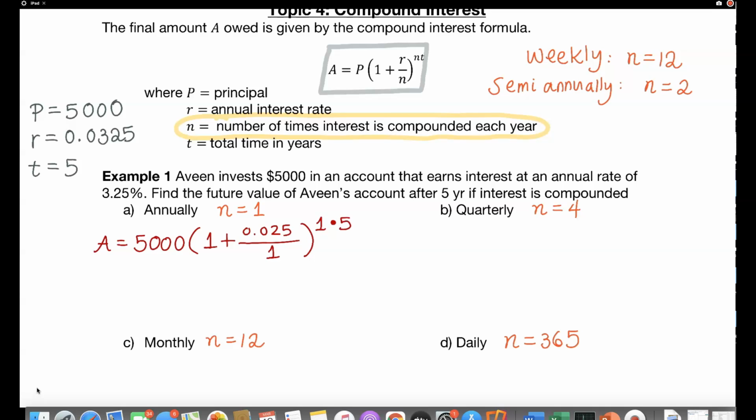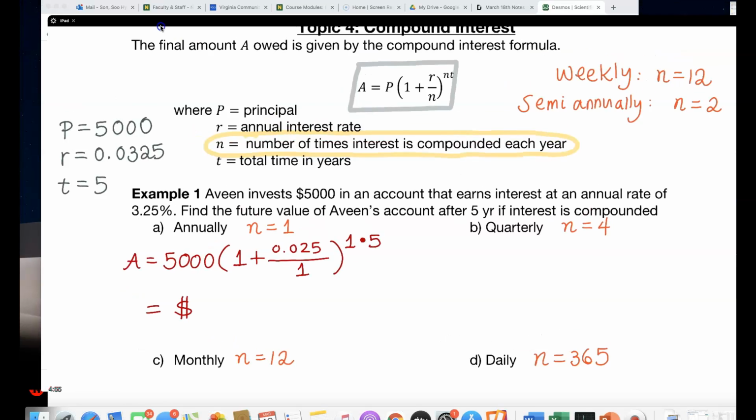So this is just a regular exponential growth function, because dividing by 1 and multiplying by 1 on that exponent isn't going to change anything. I'm going to type this into the scientific calculator to figure out how much money Avin will have in 5 years if her interest is compounded annually.